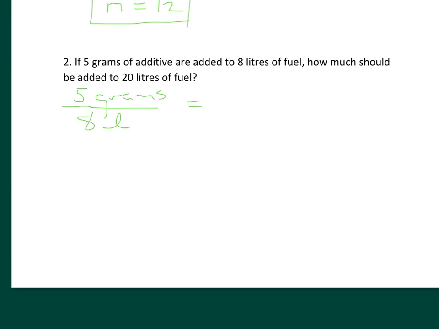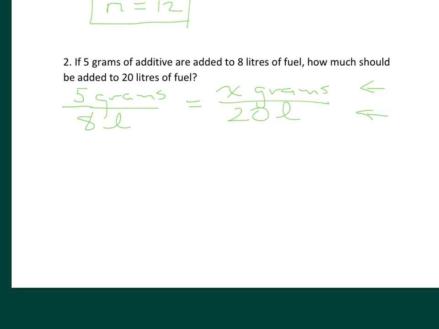We want the same proportion, so we don't know, I'm going to use x here, how many grams we need to go with 20 liters of fuel. When you're doing this, make sure that you have the same units on the top on both sides of the equation. In both of these cases, grams is in the numerator, liters are in the denominator.